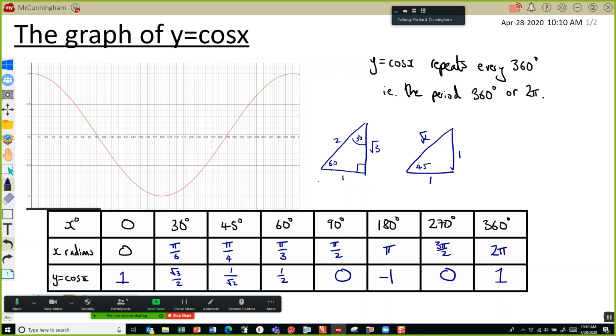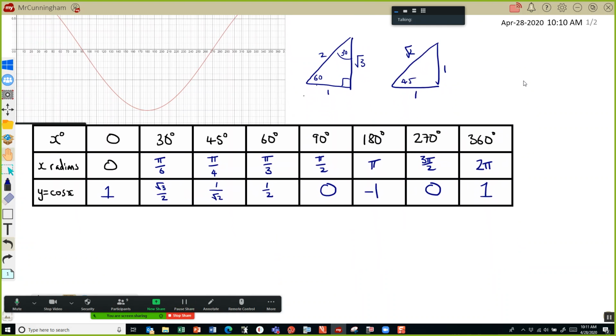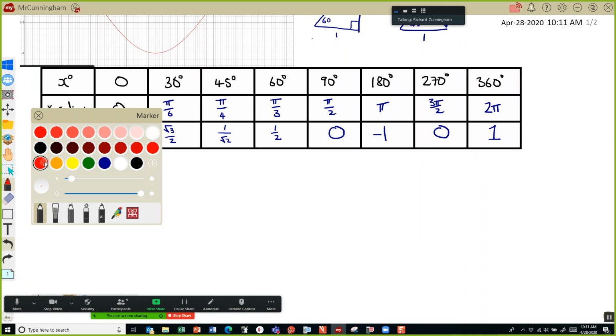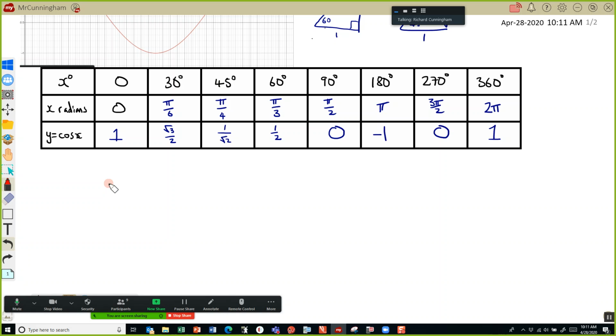Okay, so those are the really important values that you need to know. You either learn them, or you do it the way that I prefer, which is to think of what the curve looks like. If you think of the curve and remember your triangles, you will be able to work out this table no problem. You've got to get into the habit of just sketching this cos curve.